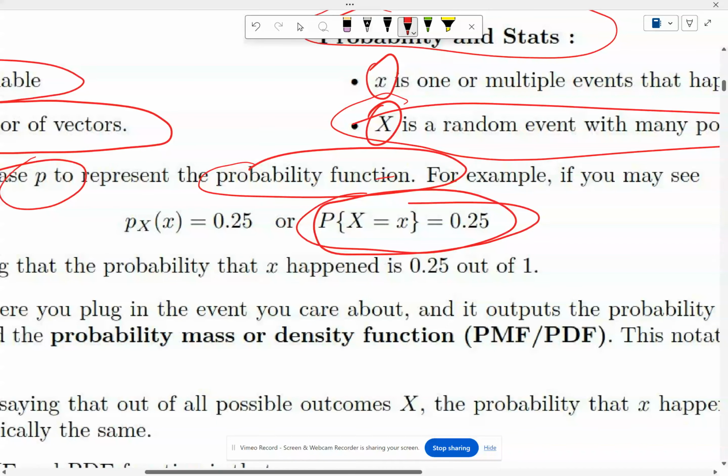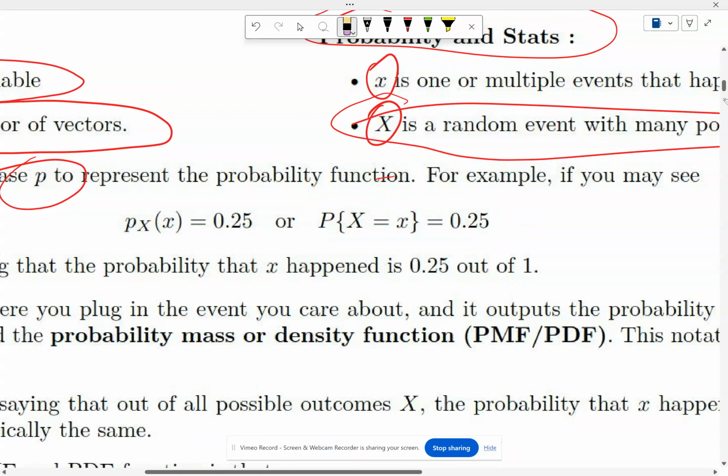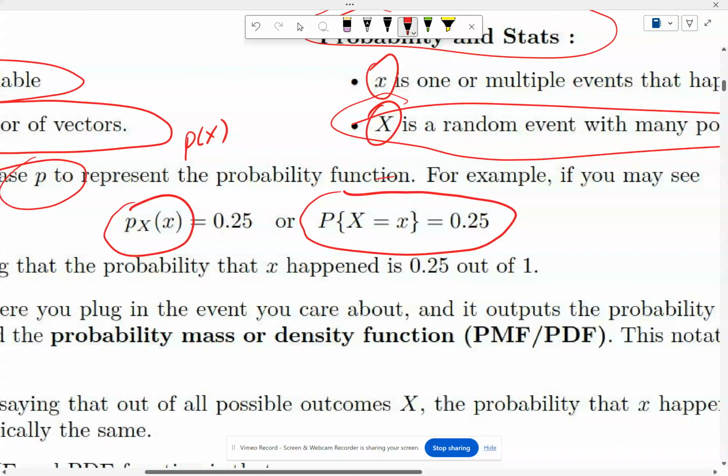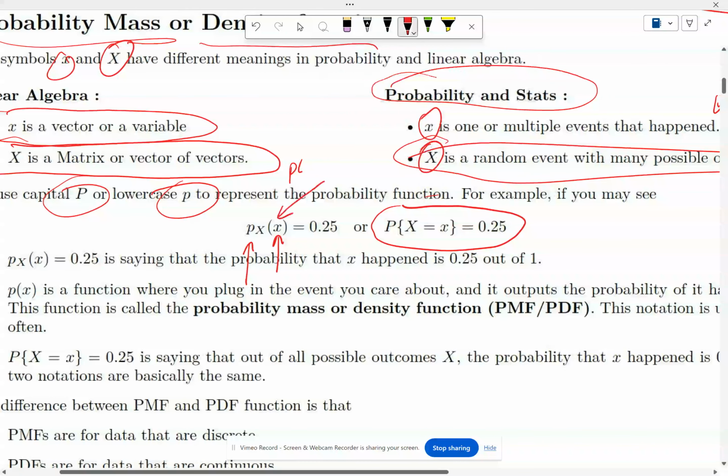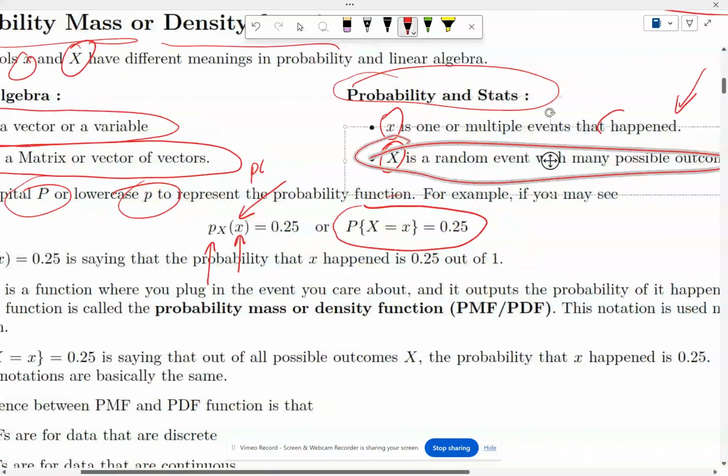Okay, so you want to see this as one way to write probability. Now another way is to write it this way, or sometimes people just write P of x. This basically asks, what is the probability that x happened or would happen? Again, x is something that happened, past tense.